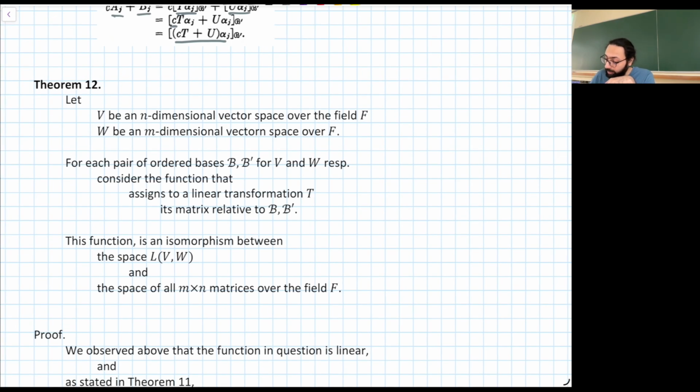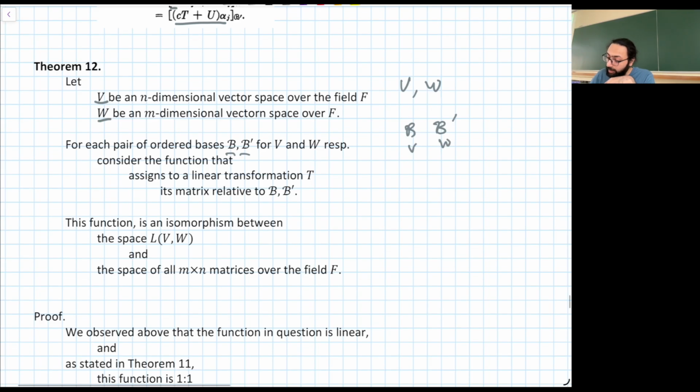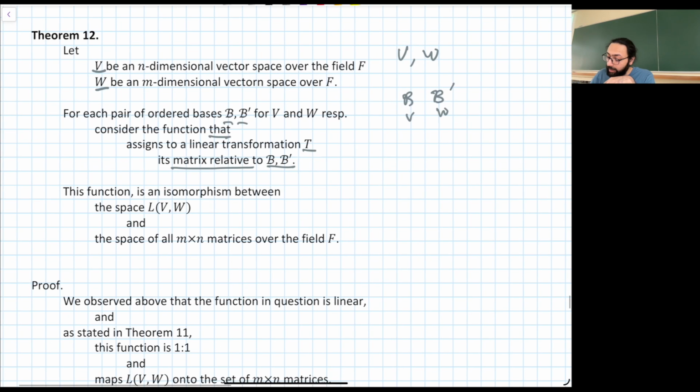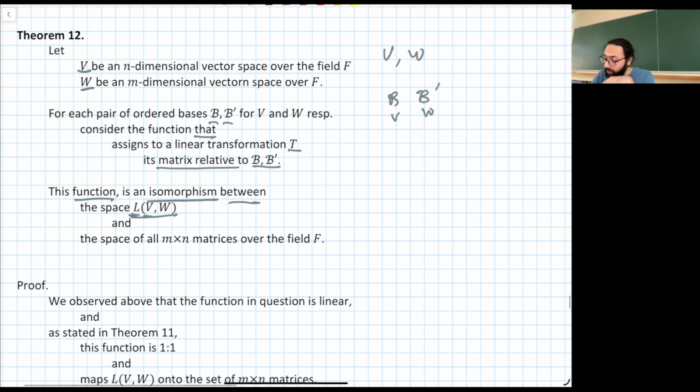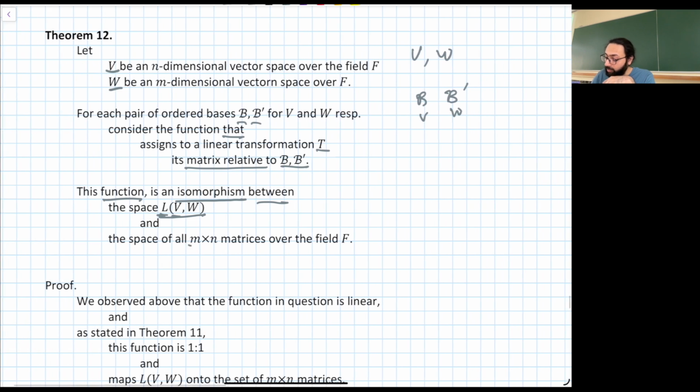So the statement is that if V is an n-dimensional space and W is an m-dimensional space, for each pair of bases B, B prime for V and W respectively, consider the function that assigns to a linear transformation T the matrix relative to B, B prime. Now this function is an isomorphism between the space of linear operators from V to W and the space of all m cross n matrices.